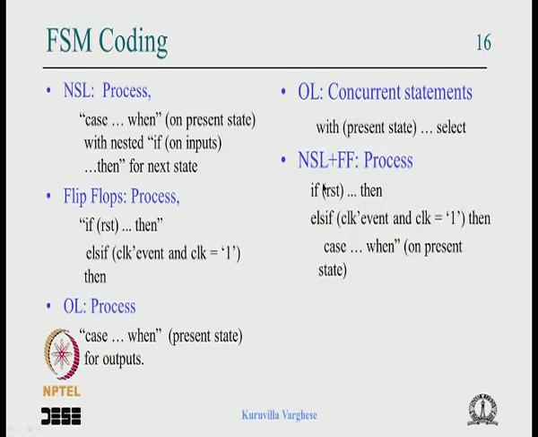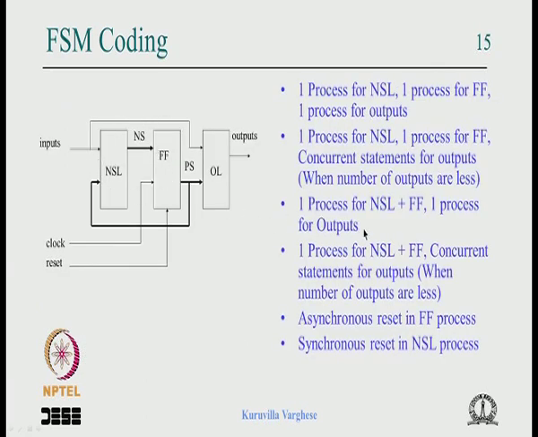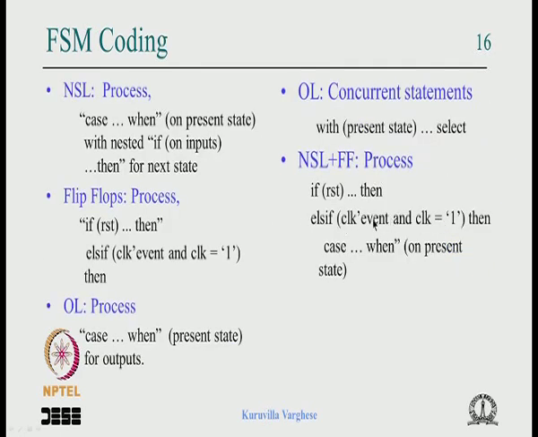That can be coded like this: if reset then the beginning state, else if clock event and clock is equal to 1. Because we are putting these two together, this logic will now come at the D input of the flip flop, so it will come within this clock event and clock equal to 1.